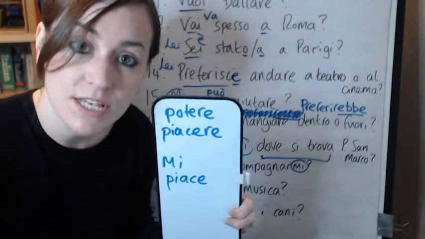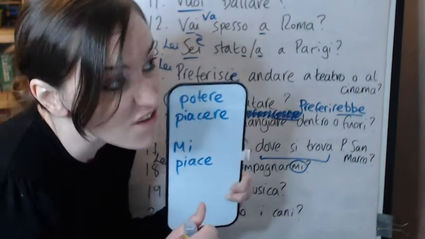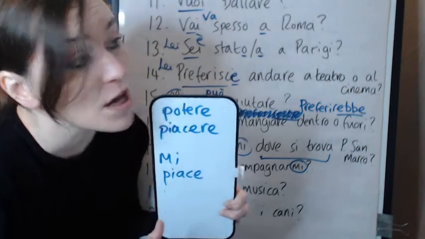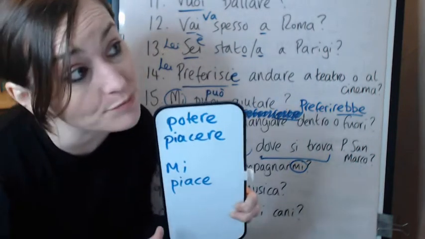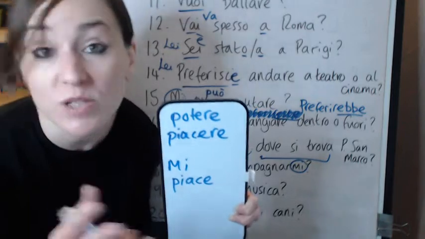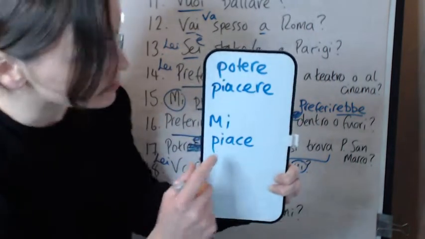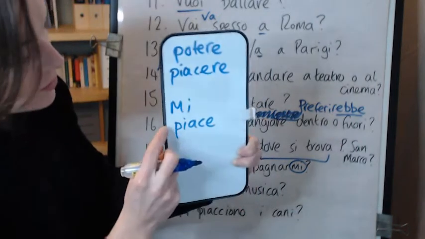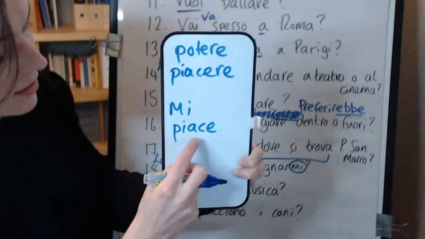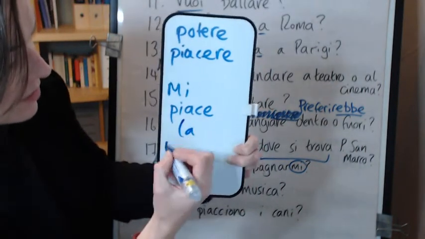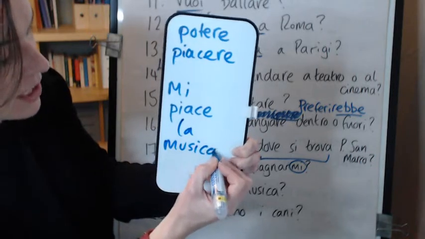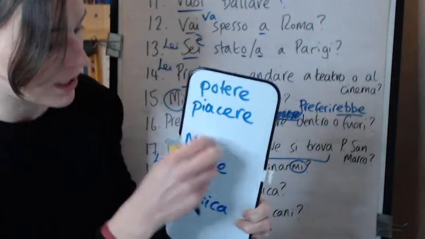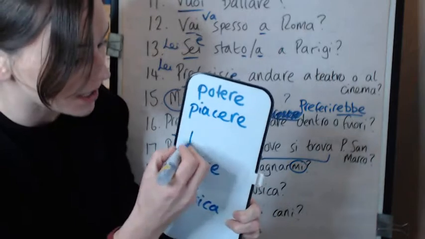You can like a lot of things. When it's a singular thing like coffee, my mum, dancing, singing, music, when it's a singular noun, you use mi piace. In the tu form, here you're saying I like music, for example, la musica. If you're saying you like in the tu form, you can ask the question ti piace?